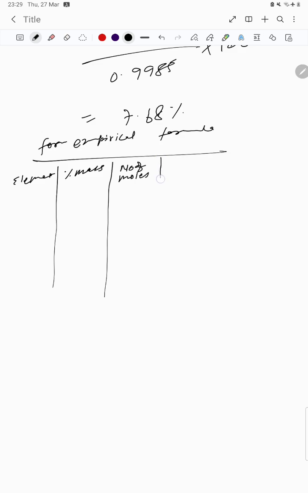Then it will be the simple ratio, student, simple ratio. Then it will be the empirical formula.